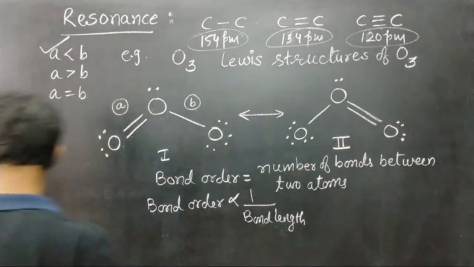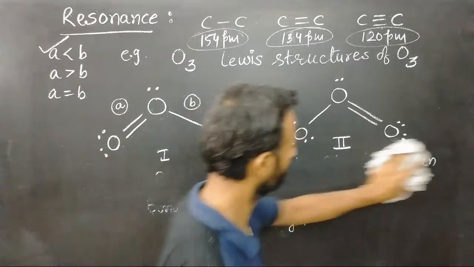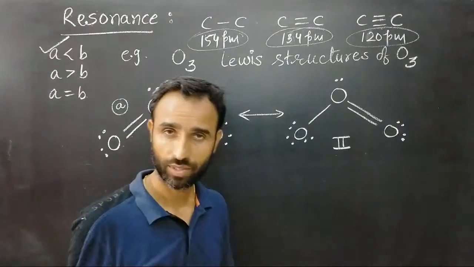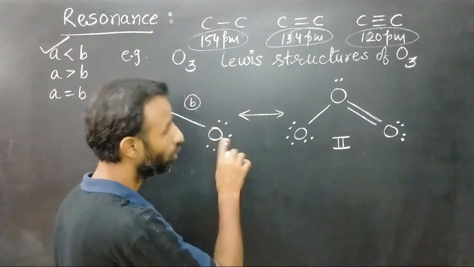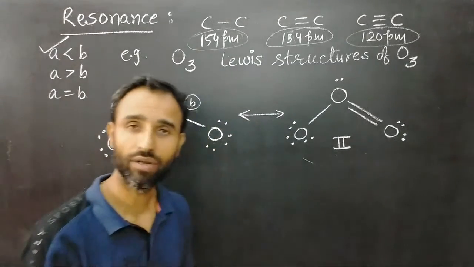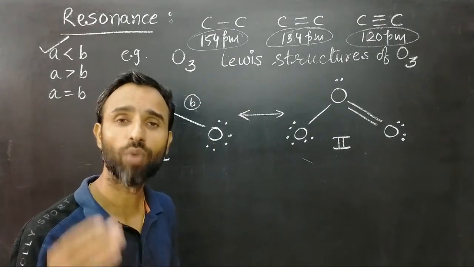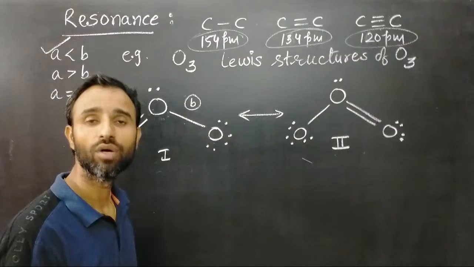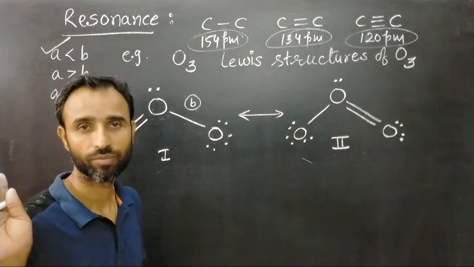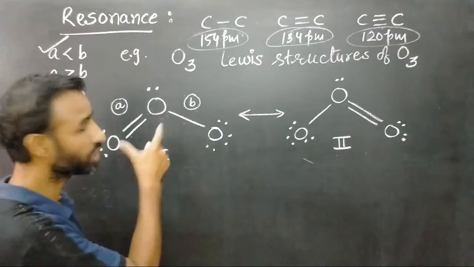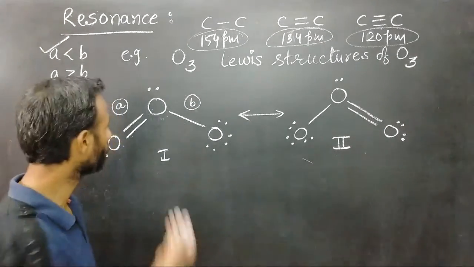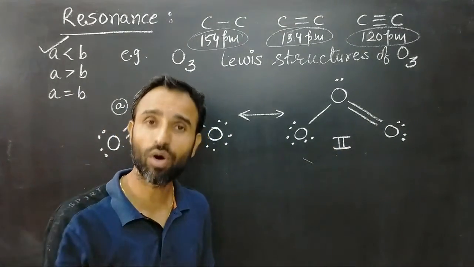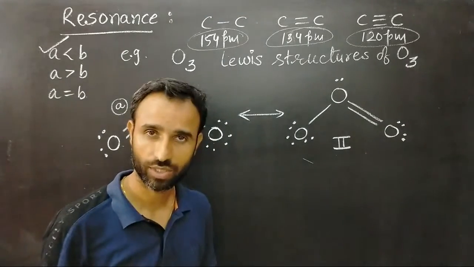That means ozone is not represented by any one of them, or we can say Lewis structures cannot explain all the properties of the molecule, or in other words we can say ozone cannot be represented by a Lewis structure, because if bond order is 3, there should be either 2-1 or 1-2. There is no concept of fractional order in Lewis structure.